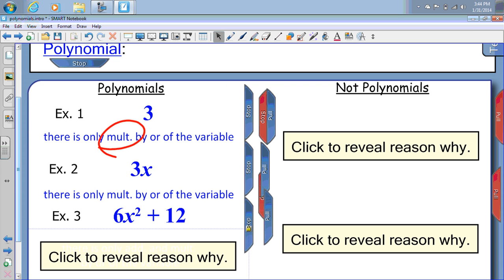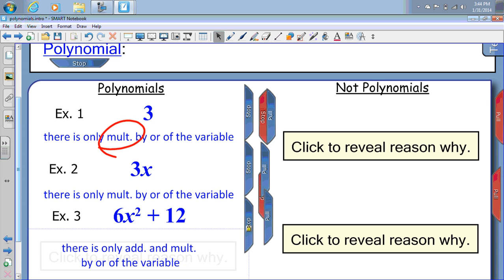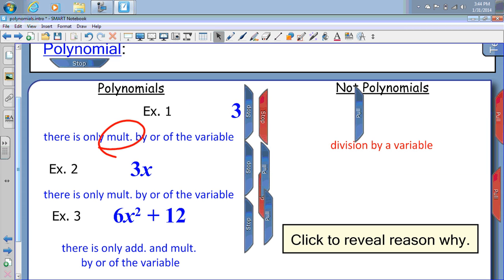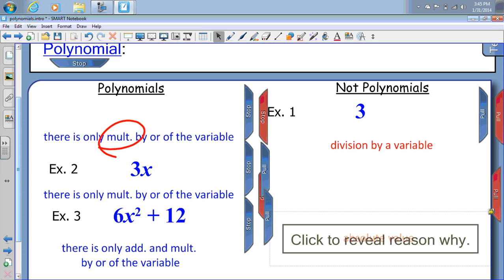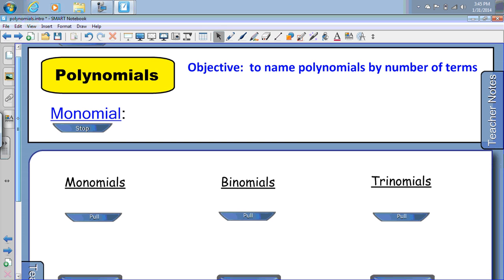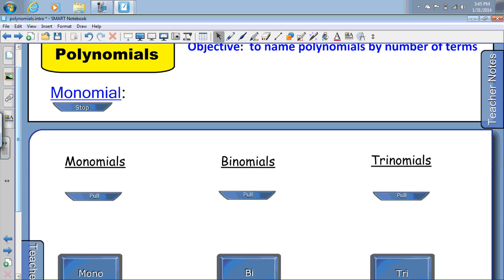Adding or multiplying. Okay. It is not a polynomial if we're using division, or if we're using absolute value. Okay. All right, so let's talk about 3 different types.